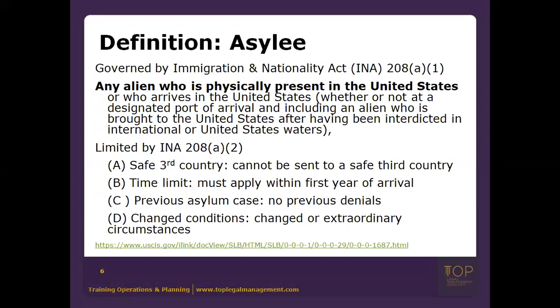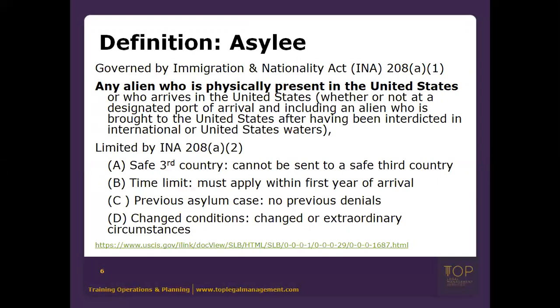It is limited by INA section 208(a)(2), which says that if someone has a safe third country to go to, they cannot apply for asylum. So they cannot be sent, they cannot have access to a safe third country. There is a time limit: you must apply within the first year of arrival. If you do not, you cannot apply for asylum. This must be your first asylum case.